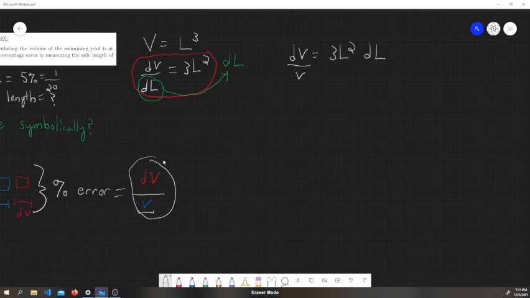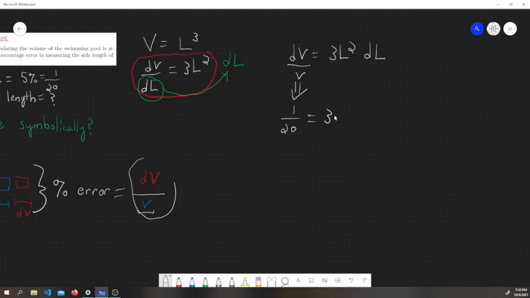Why is my computer lagging so much? Okay, I'm just going to leave that as a partial circle. We'll just live with it. So we know that dV over V is going to be equal to the percent error. And the percent error is just 1 over 20.